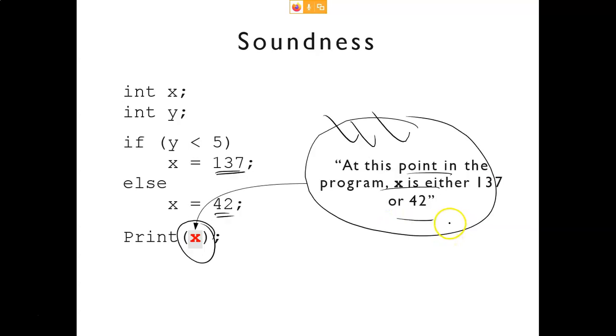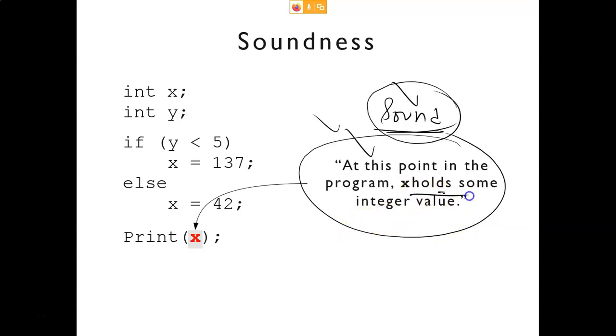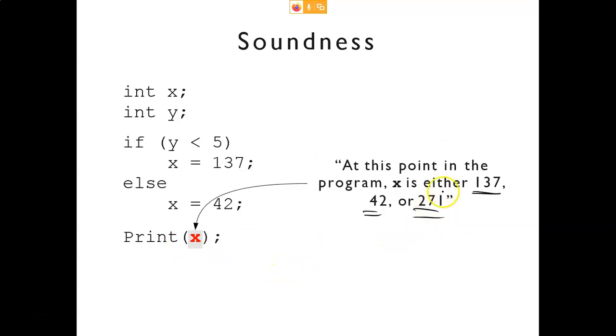It's just like here, where x holds some integer value. I am not saying anything false. Yes, x holds some integer value. Similarly here, I am saying x is either 137 or 42 or 271. Yes, my claim is true, because you can go and check.